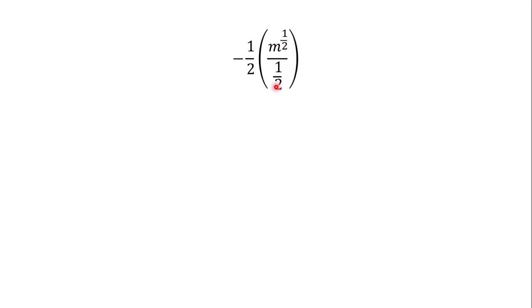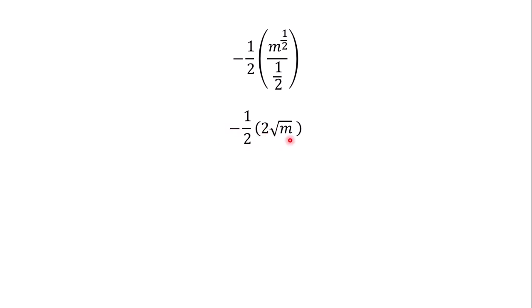Now here, these two will just come and multiply this m raised to the power minus half. And remember, m raised to the power half can also be written as square root of m. So we are going to get minus 1 over 2 into bracket 2 times square root of m.